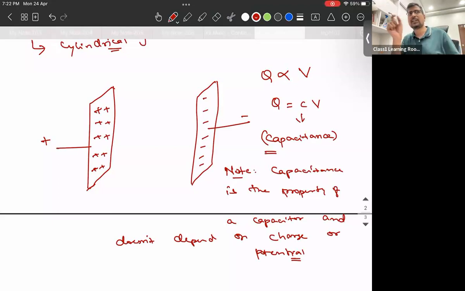Look at the mathematical expression, Q is equal to CV. Sometimes people think that if I keep increasing the charge, I can increase the capacitance also. You cannot.